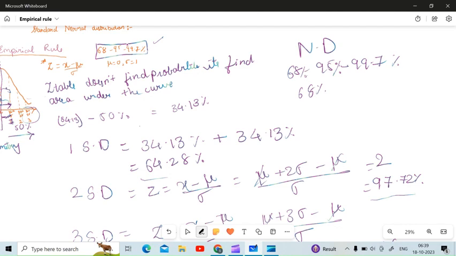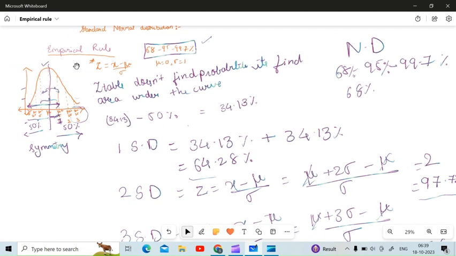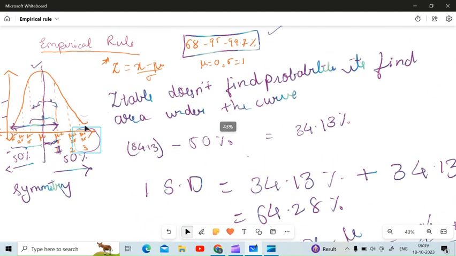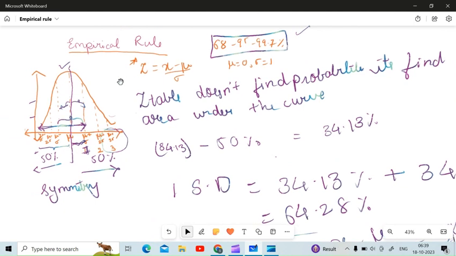So how many standard deviations away from the mean? By using the empirical rule, we can get it as a percentage. Usually, to find outliers, whether this distribution contains outliers or not, we calculate these values for one standard deviation, two standard deviations, by using a z table and z score.